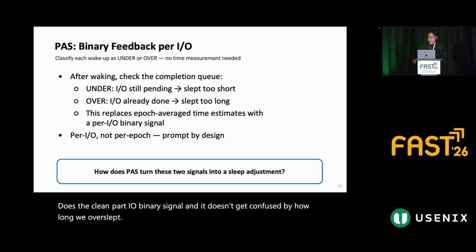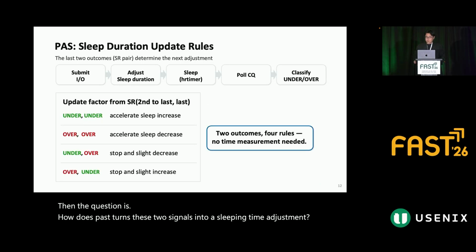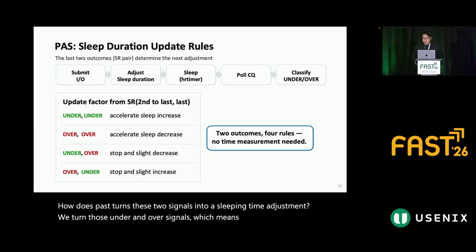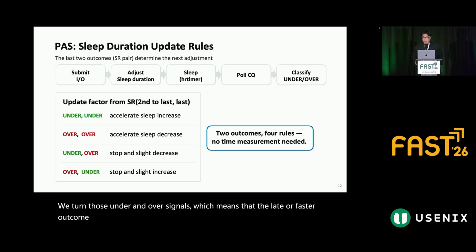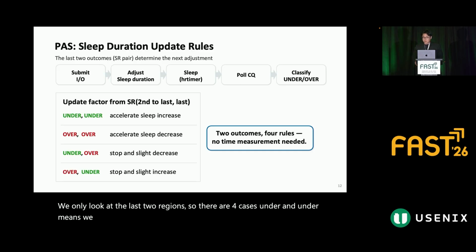Then the question is, how does PAS turn these 2 signals into a sleep time adjustment? We feed those under and over signals, meaning the late or early outcome, into the controller. We only look at the last 2 results, so there are 4 cases. Under and under means we are still early, so we ramp the sleep timer up faster.